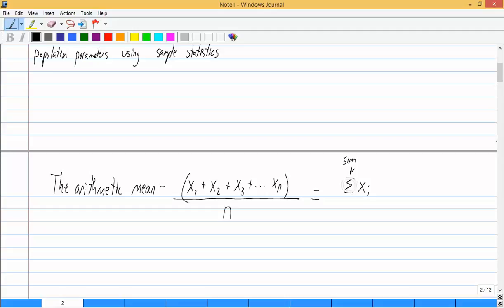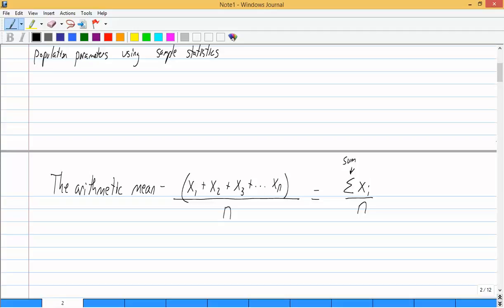This is the sum of all of the x values divided by n, the number of data items. If you've ever gotten your test average, that's what you do. You take all of your tests, add them all up, and then divide by the number of tests you've taken. So that's how you find an arithmetic mean, or just a mean.